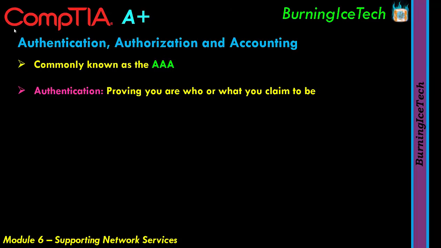For those of you that don't know, authentication is effectively when someone or something needs to prove they are who or what they claim to be. So if I am the person that needs to log on to something, I will effectively be proving I am indeed the owner of this account, or the owner of this device that I'm logging into.